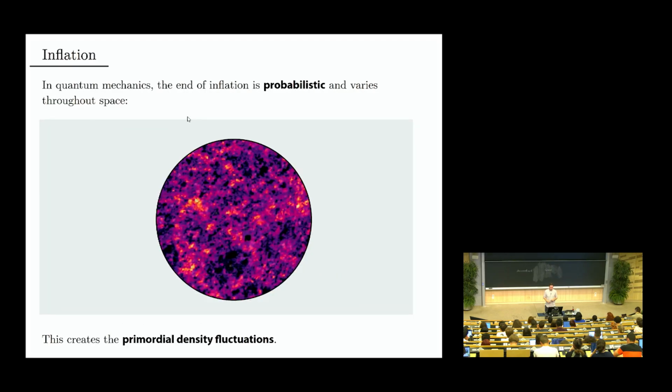Now, an important feature is that because of quantum mechanics, this end of inflation or this decay isn't spatially homogeneous. There can be variations because the time of decay can be ever so slightly different at neighboring points. And that's what we think produces density fluctuations in the late universe, because some region will keep inflating just a tiny amount of time longer, so it will maintain a higher energy density, while another region nearby will decay first.